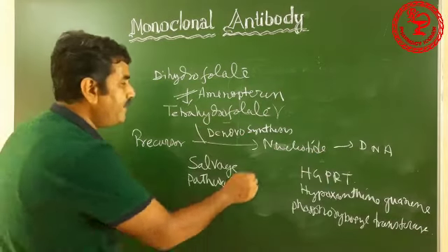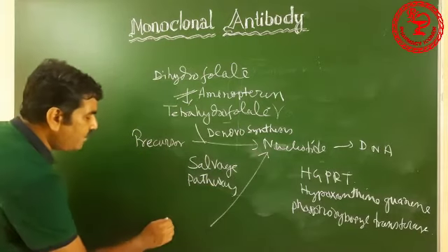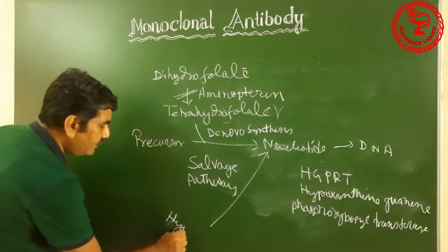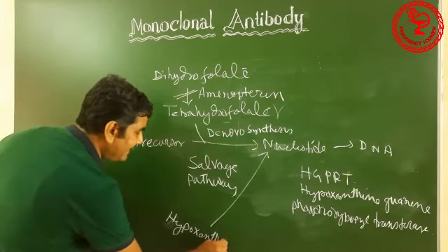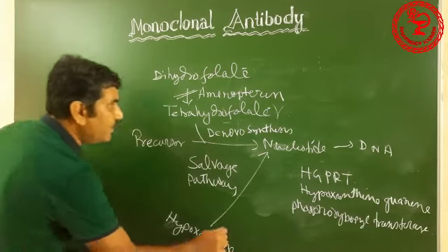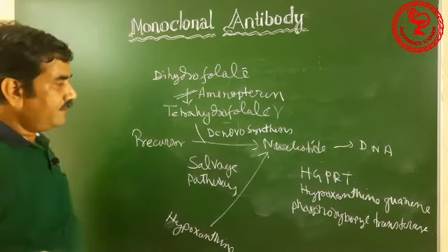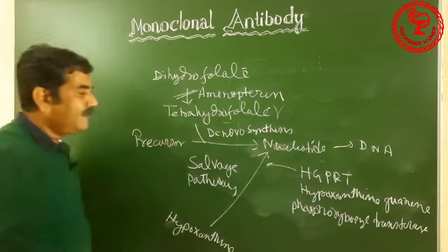This enzyme can utilize hypoxanthine to produce nucleotides. Purines and pyrimidines are nucleotides. This HGPRT can utilize hypoxanthine.